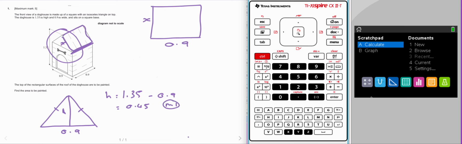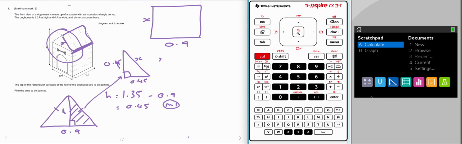Now, by using this, what we actually have is a second right angle triangle. So we have this triangle now, where we've got 0.45 and 0.45. We're now going to use Pythagoras' theorem to find out the value of x.